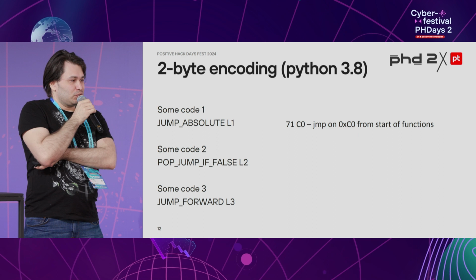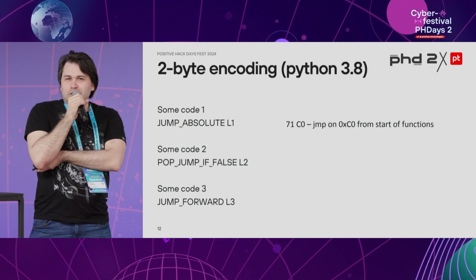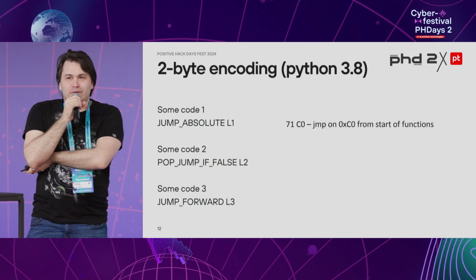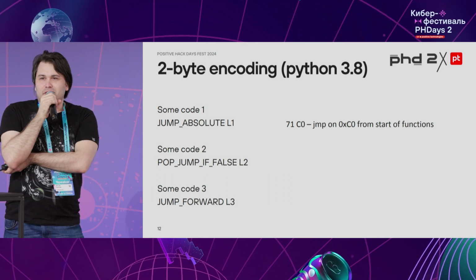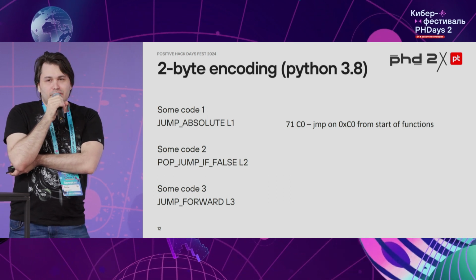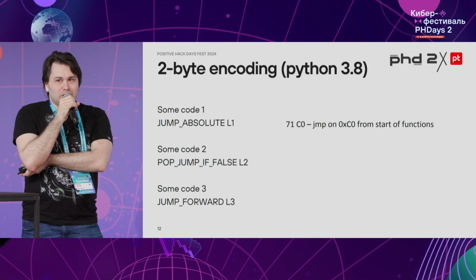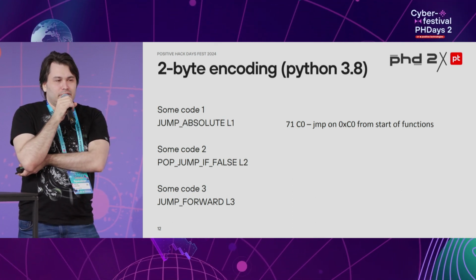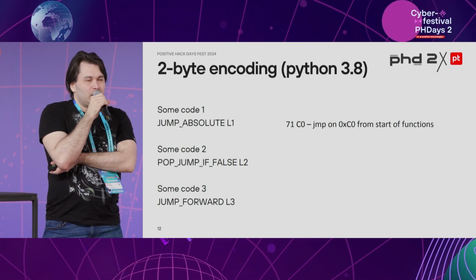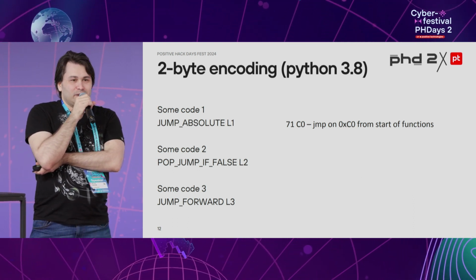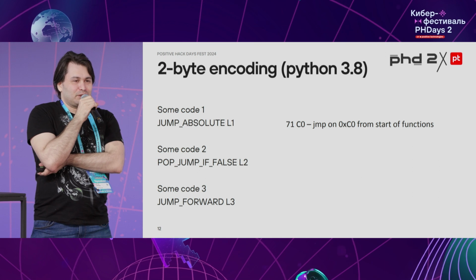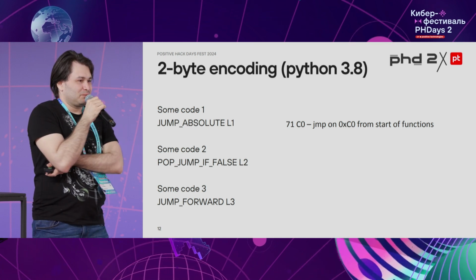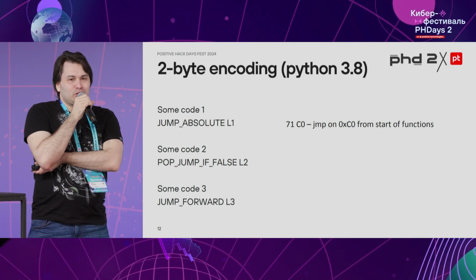What are the forward argument instructions? I worked with Python 3.8 because the instructions have a fixed length, because in new versions they transferred to unlimited length.